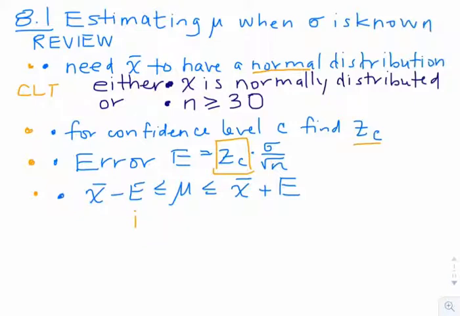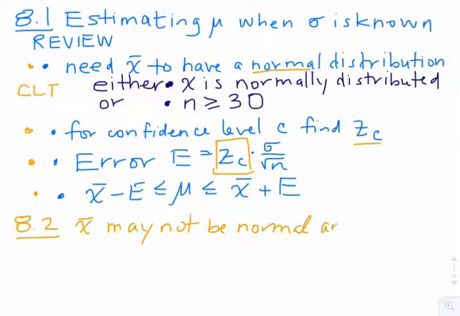So in section 8.2, we don't have quite the same situation. In 8.2, x bar may not be normal. And we certainly don't know sigma.